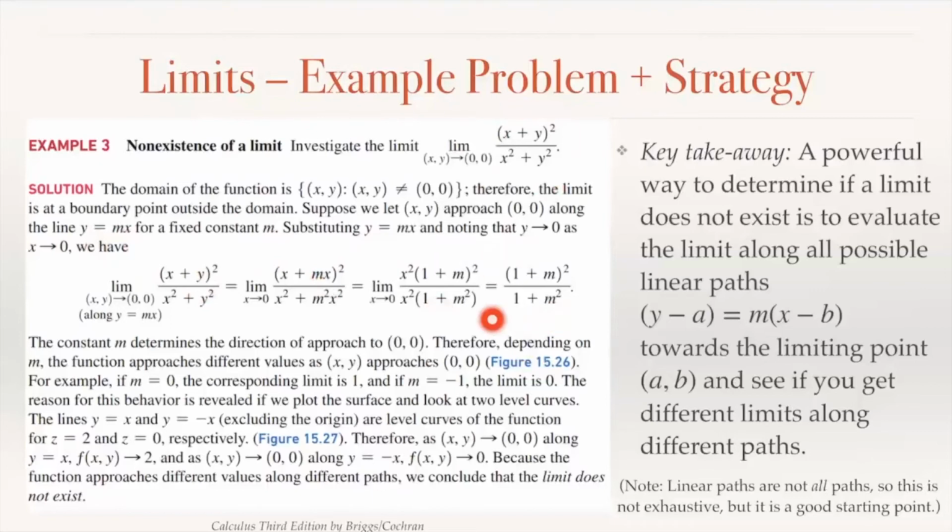And if all the m's cancel out and we always get the same thing, then the limit likely exists. But here the m's do not cancel out, and plugging in different m's gets different things. So it's looking at infinitely many paths at once in a very slick way, and being able to determine if two different paths yield a different output. And if they do, then we conclude that the limit does not exist.